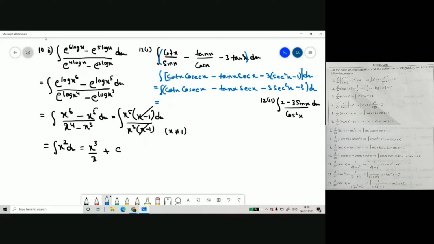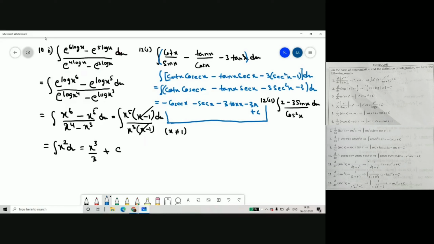Now we know integration of cot x cosec x is minus cosec x, tan x sec x is sec x, isn't it? Minus thrice integration of sec square x is tan x, minus 3 integration of dx will be x plus c. So that's your solution. Am I clear?